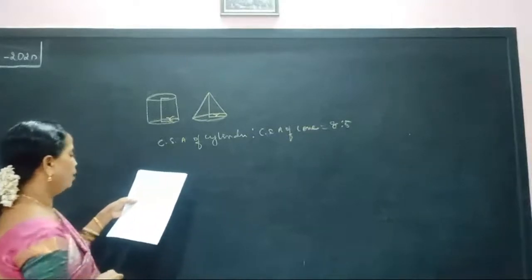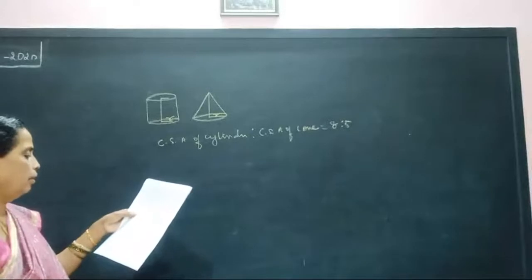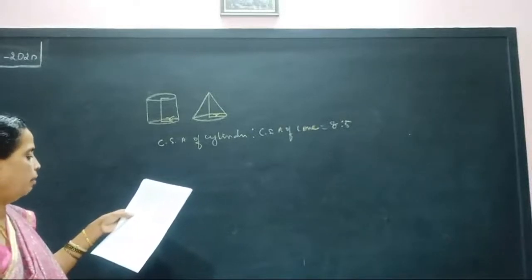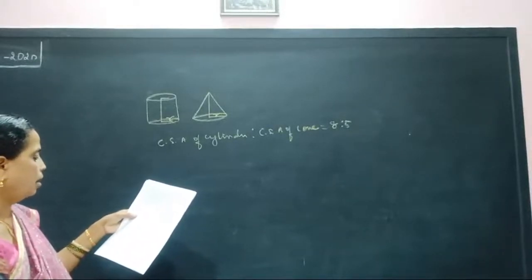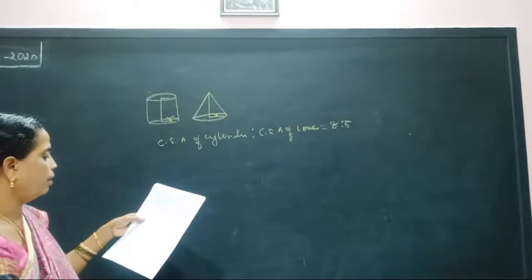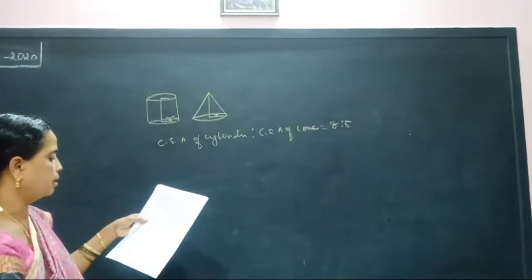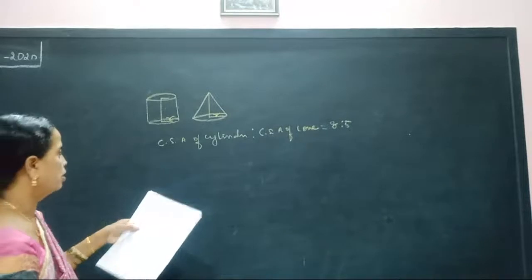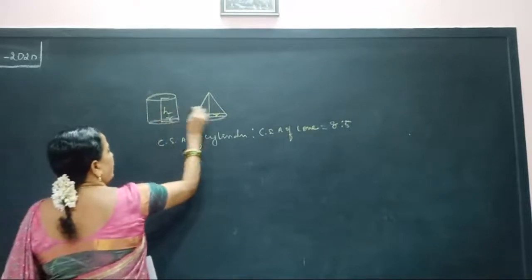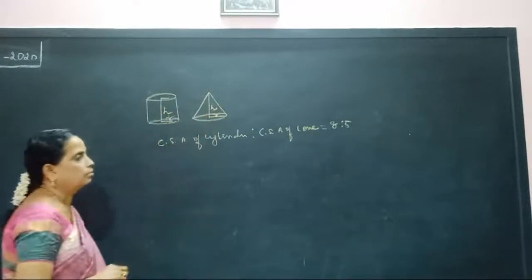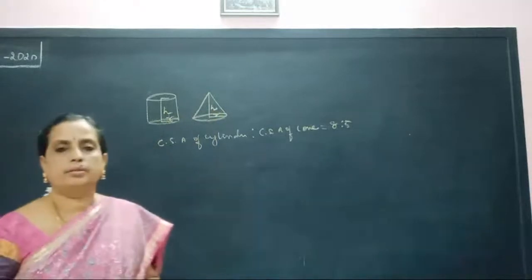A cylinder and a cone have equal radii of their bases and equal heights. The H are the same.